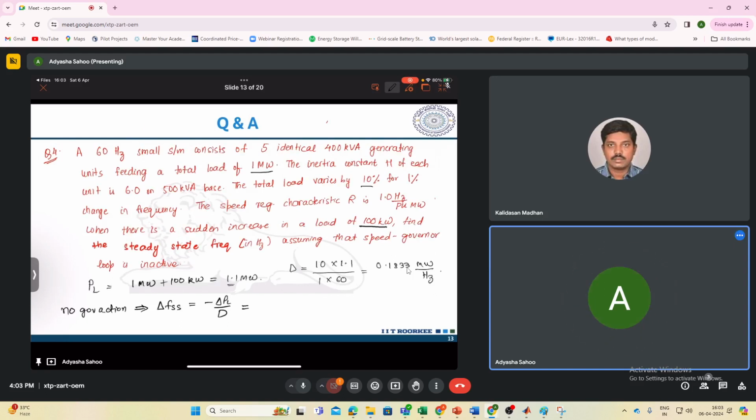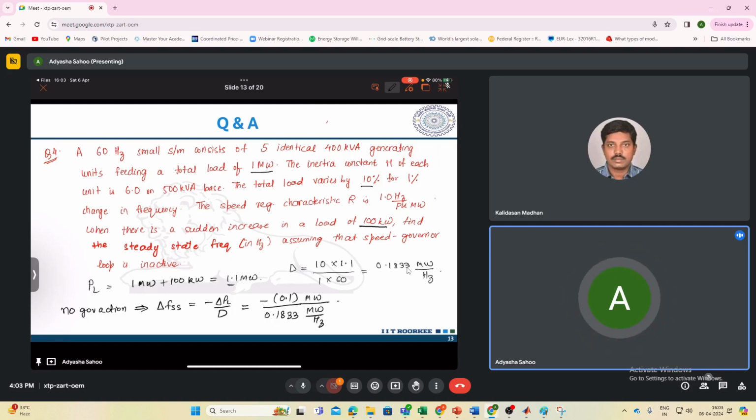So how much there is increase in load, so delta PL will be positive. So 0.1 and D is 0.1833. So this is in megawatt, this is in megawatt per hertz.